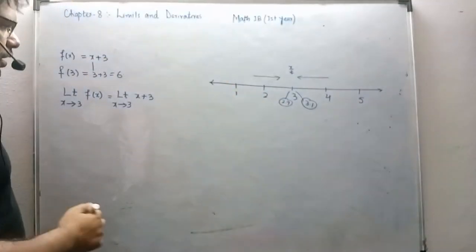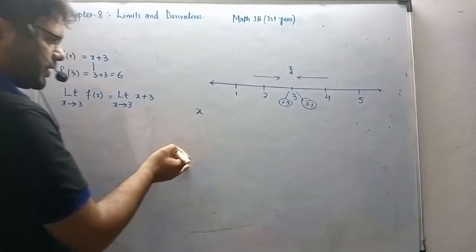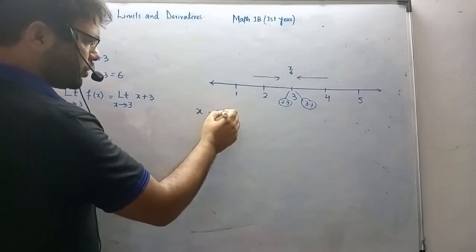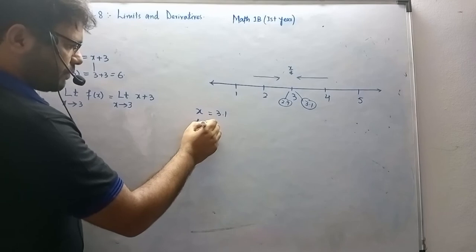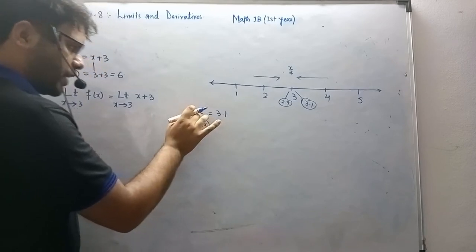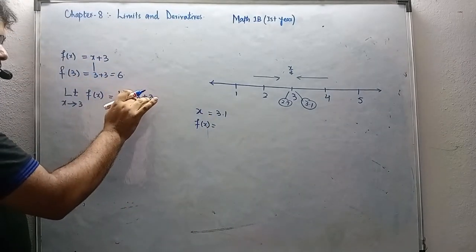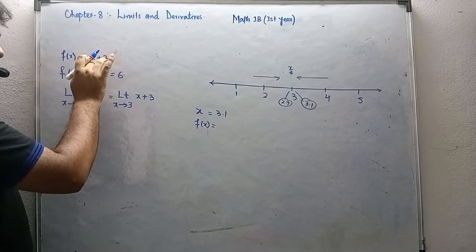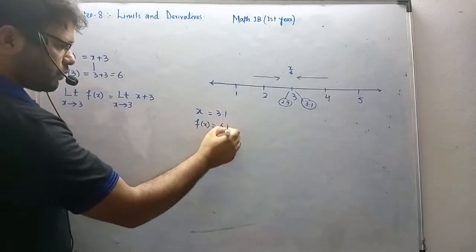Now see here, when I take the value of x as 3.1, what is the value of f(x)? Put the value of x here, so I will get 6.1.